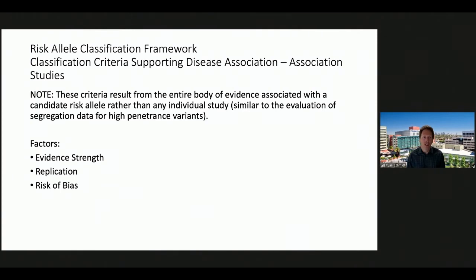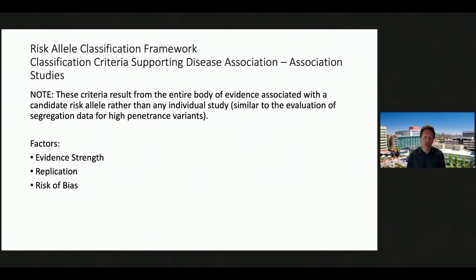And the key thing to note about these criteria for association studies is the criteria results from the entire body of evidence associated with a candidate risk allele. So you don't say that any individual study by itself is strong or very strong. It's the collection of those that contributes to that classification criteria. So it's similar to what we do for the high penetrance variants.